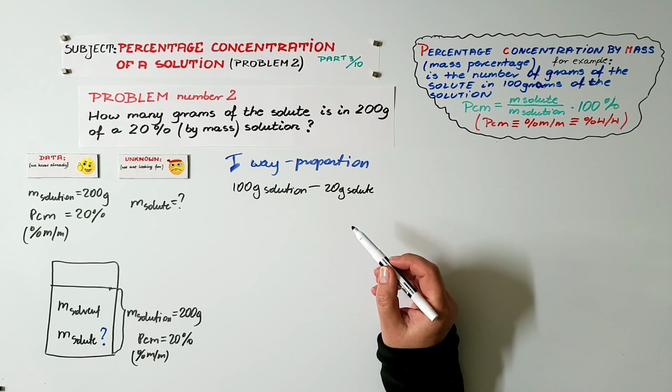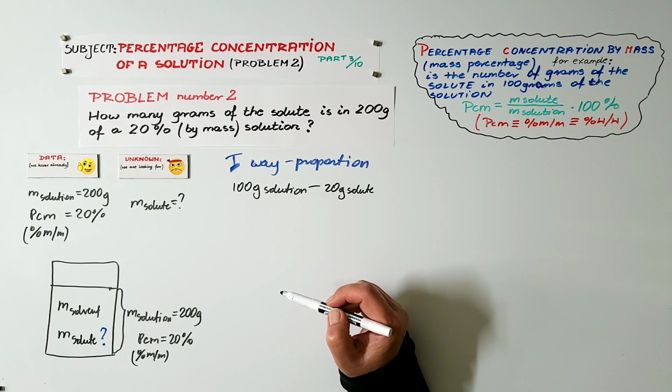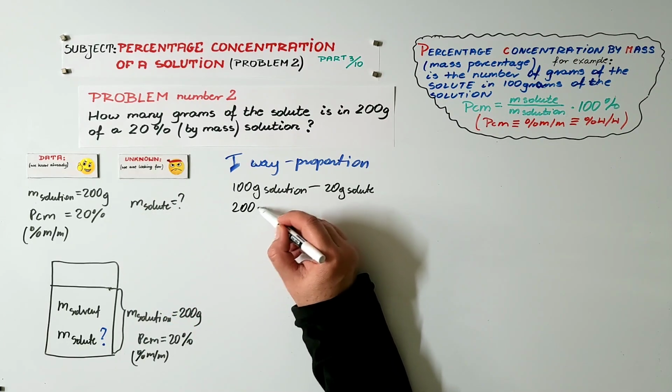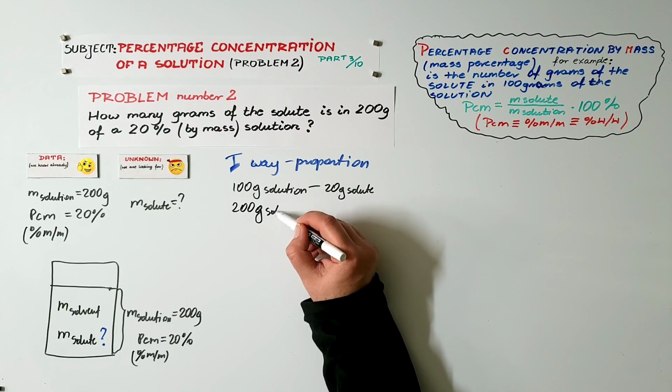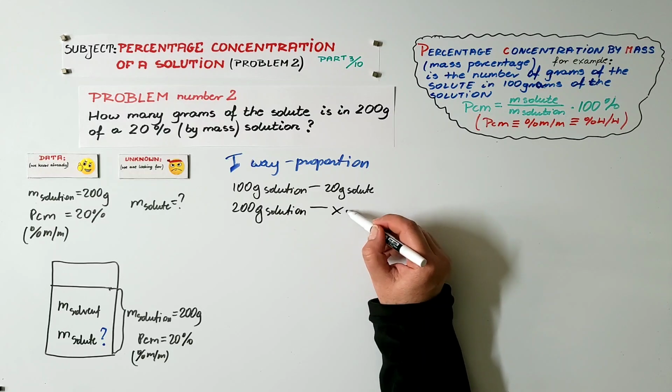Why? Because percentage concentration by mass is 20%. So we have 200 grams of solution. In 200 grams of solution, there is X grams of solute.